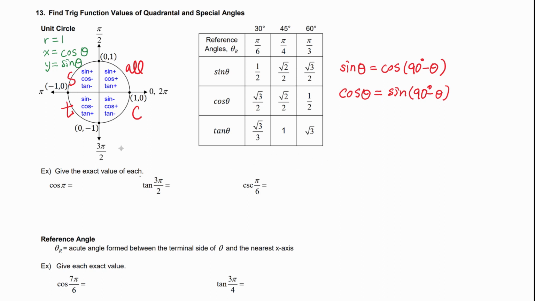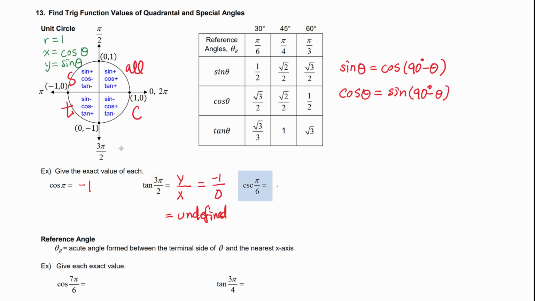All right, so let's do an example. Give the exact value of each. Cosine of pi. Pi is right here. So cosine of pi, well, cosine is the x value, so cosine of pi is right there, which is negative 1. Tangent of 3 pi over 2, well, tangent is y over x, and 3 pi over 2 is right here. y is negative 1 over x is 0, so therefore, undefined.